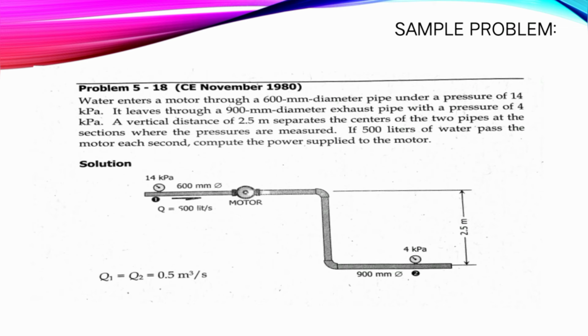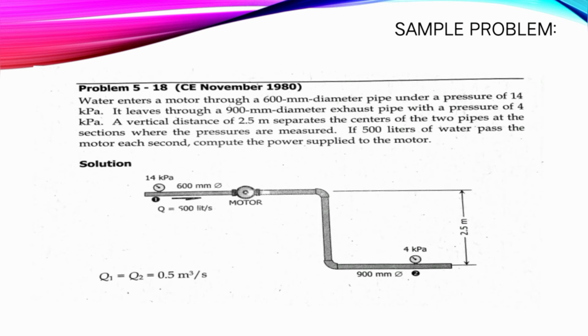Here are the sample problems. Problem number 18. Water enters a motor through a 600 mm diameter pipe under a pressure of 14 kilopascals. It leaves through a 900 mm diameter exhaust pipe with a pressure of 4 kilopascals.